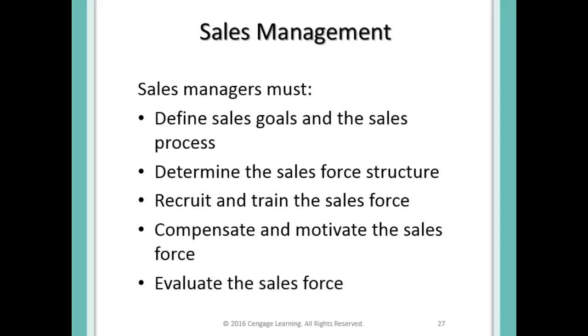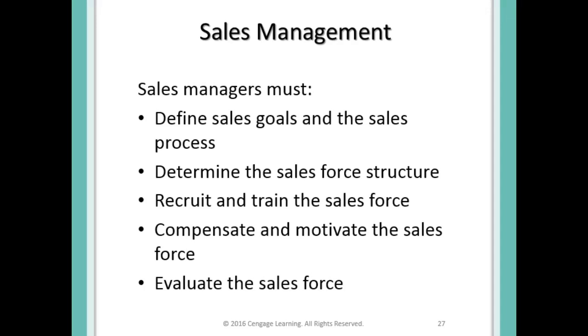All right, sales management. If you get to the point in your career where you get to be in management, you have to understand that sales provide the fuel that keeps the corporate engines running. Without sales, there is probably very little to no need for production workers, accountants, and all the other staff.